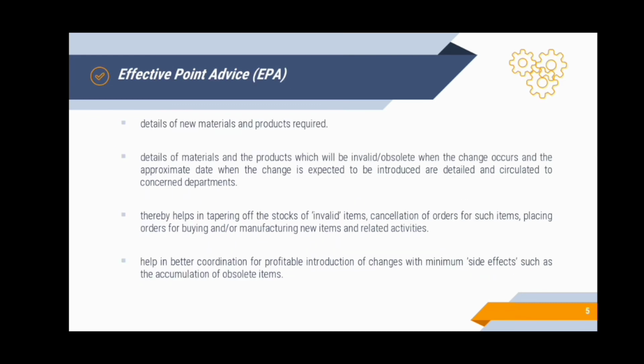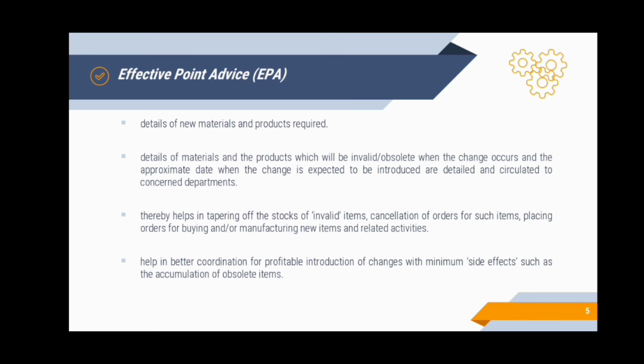Effective advance notice. Details of new products and materials are required. Details of materials and products which will be invalid or obsolete when the change occurs and the approximate date when the change is expected to be introduced are detailed and circulated to concerned departments.